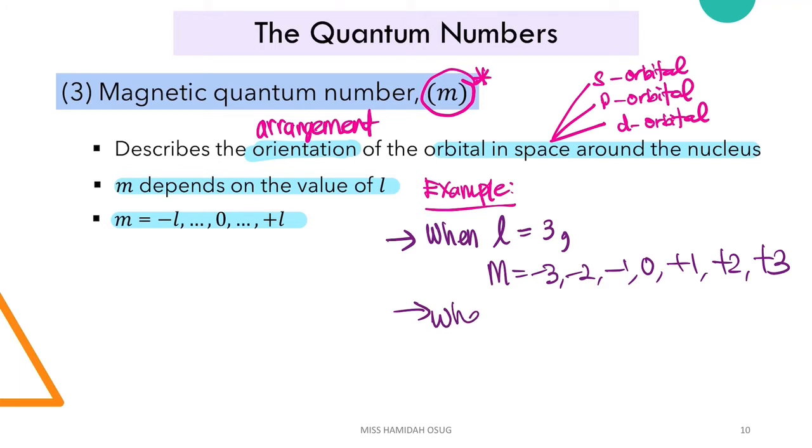Next, if we have l equals 2, then the value of m should be negative 2, negative 1, 0, plus 1, and plus 2.